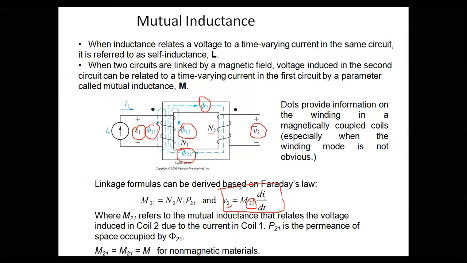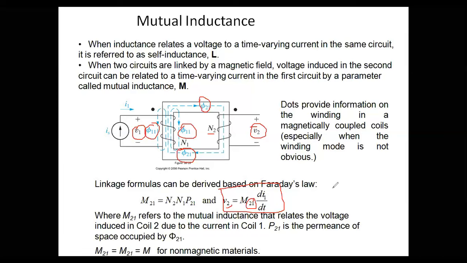I'll take that again. M21 represents the mutual inductance that relates the voltage in the second coil based on the current passing through the first coil. That's why we have 2 here, second coil, and 1 here, first coil.